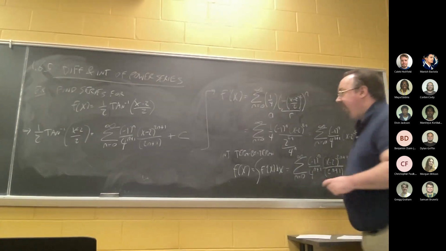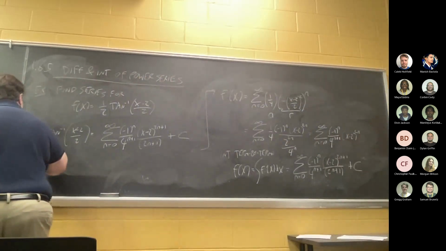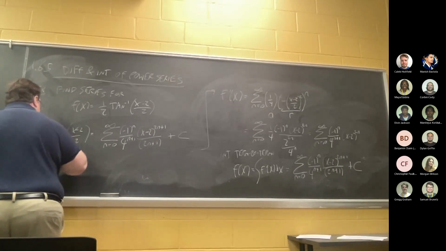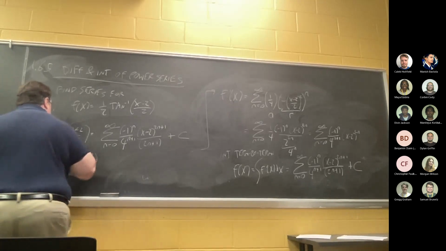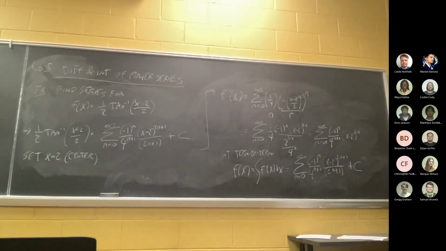And the way you do that is you set x equal to 2 on both sides. Why 2? Because it's the center. So whatever the center of your power series is, that's what you plug in.